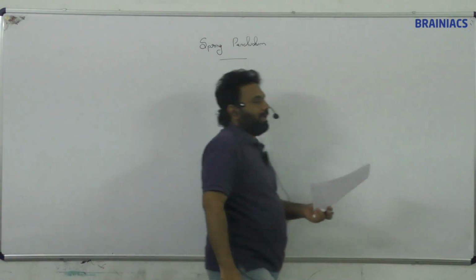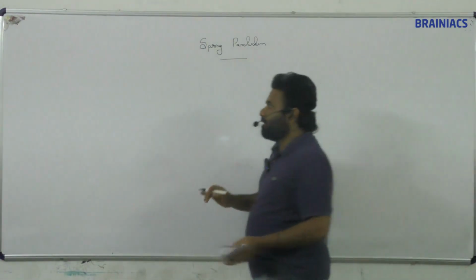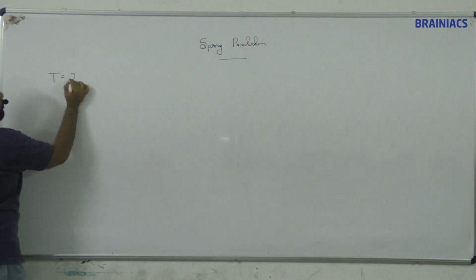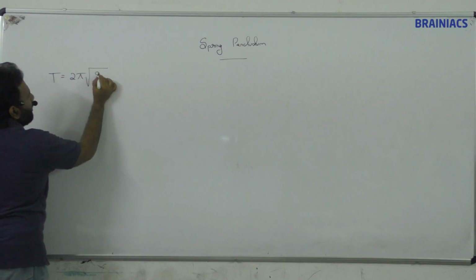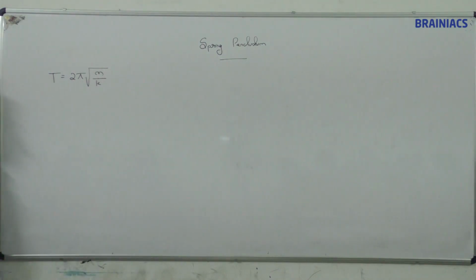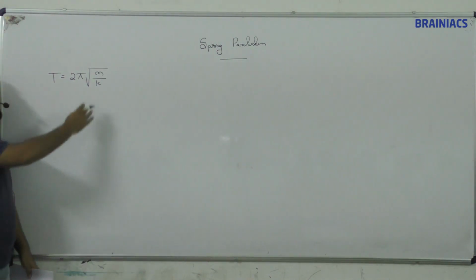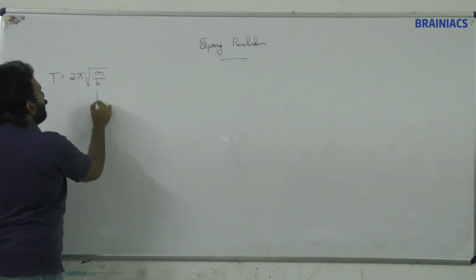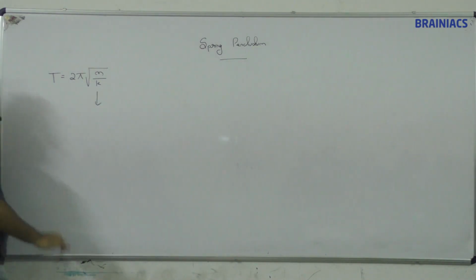Already from the force law we have written T is equal to 2 pi into root of m by k. F is equal to minus m omega square x. Using that we had written this. So this k is what? Force constant, but in this case it is the spring constant. Correct?